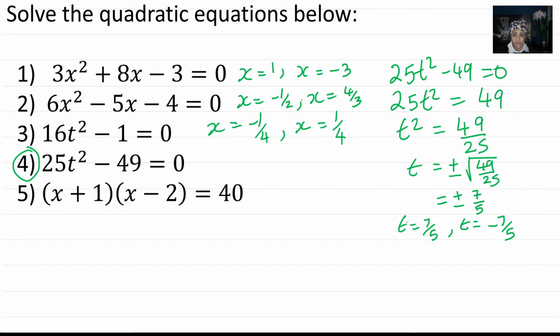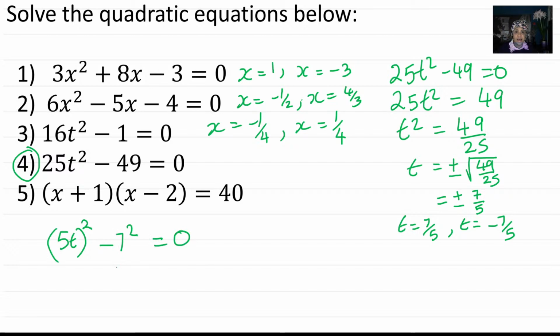The other way of doing it, and I will show you, because sometimes you have to apply this to get the right answer when you apply the difference of two squares. So we could write 25t squared as (5t) squared minus 7 squared equal to 0.